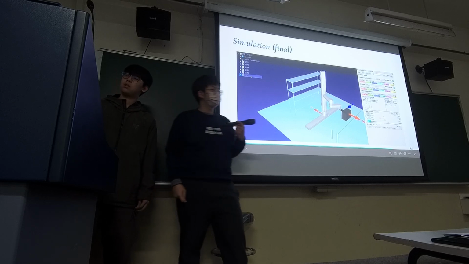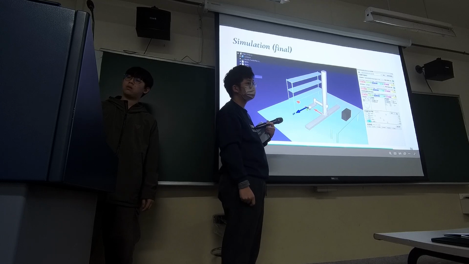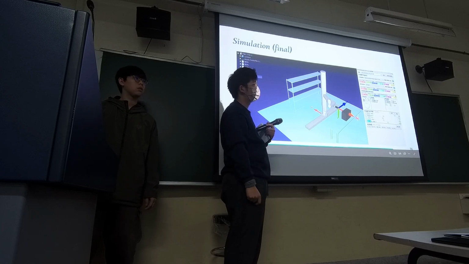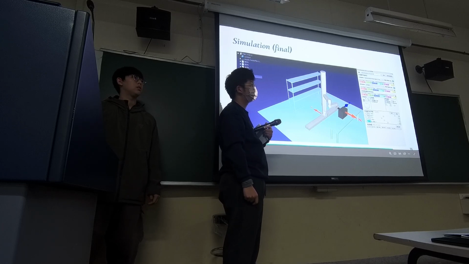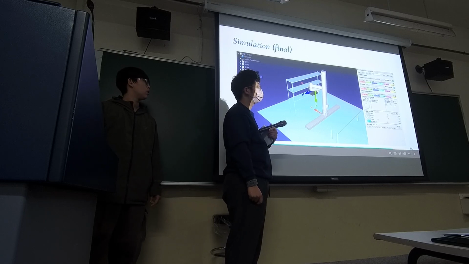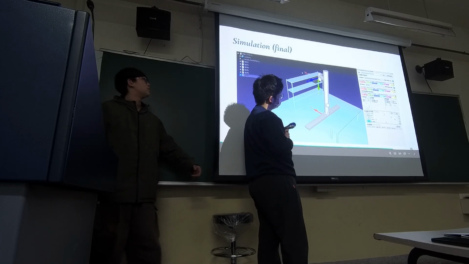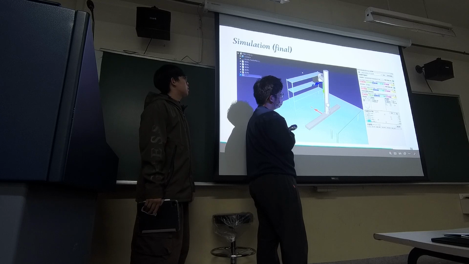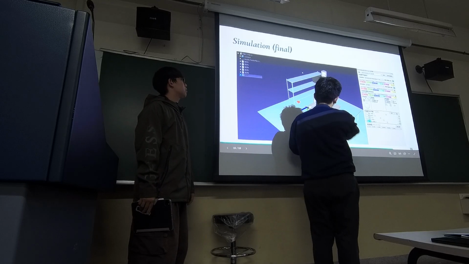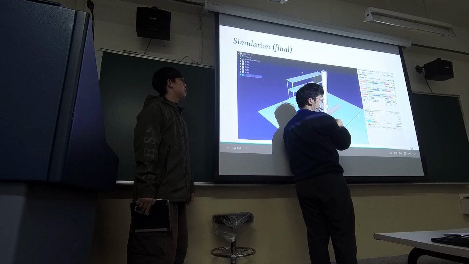So just an easy way to ask is, what did you input into this simulation? Did you input the joint angles, or the XYZ, or what do you input? I already have the parameters and I set the target.